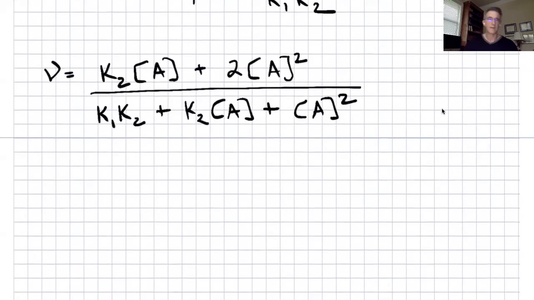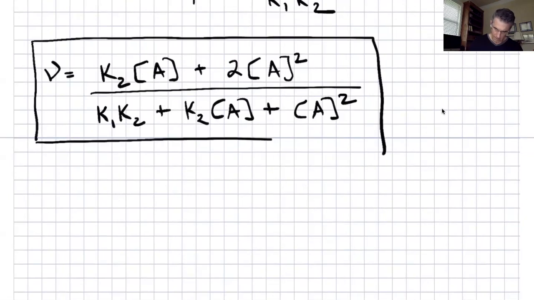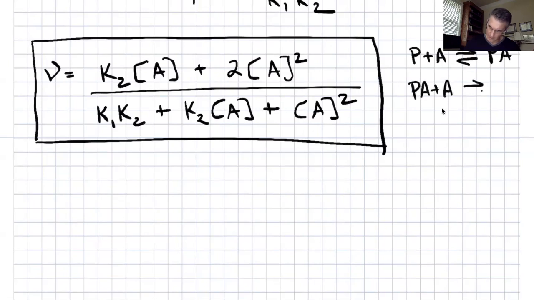So that now is our degree of binding expression that describes binding of a ligand for this scheme with K1, P plus A giving PA, and K2, PA plus A giving PA sub 2, right?